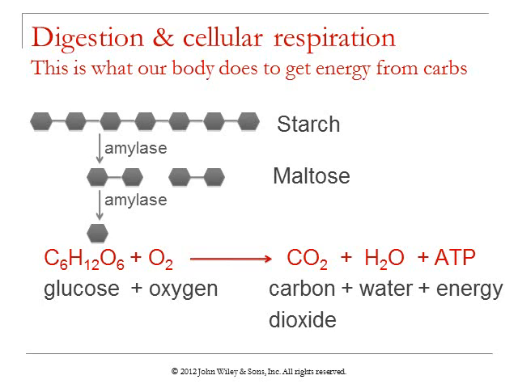We see water here, so we actually have metabolic water. We keep that within the body and use it for all the things we use water for. And then the goal here is ATP, or energy, and that energy can be used for a number of different things. It can be used for muscle contraction, it can be used for transport of materials from one cell to another, movement. So ATP can be used for just about anything that we need energy for.